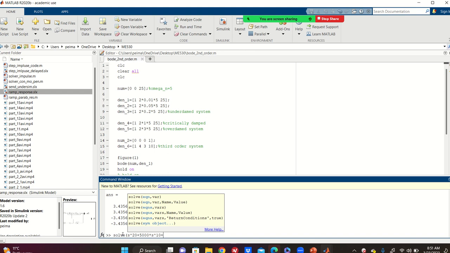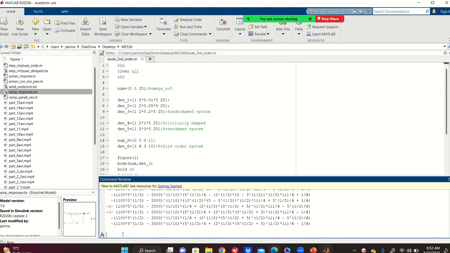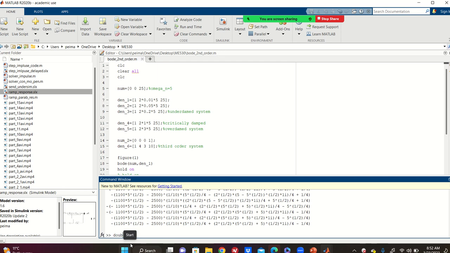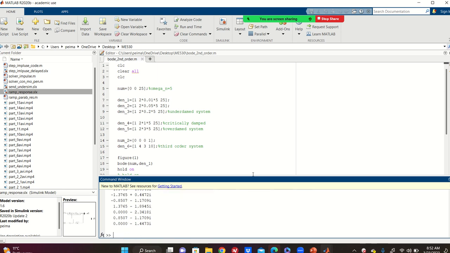And this is not S, this is X. And you can say double to make it visible. Double ends. See, these are 20 poles of the system.